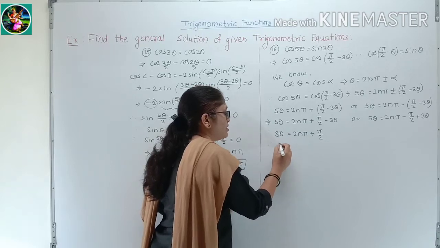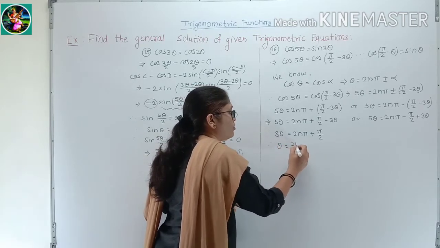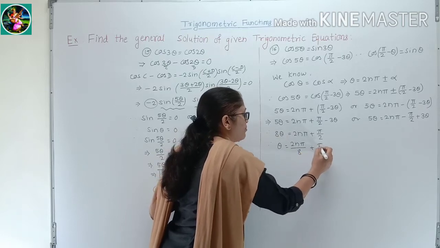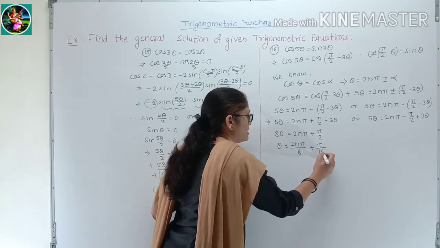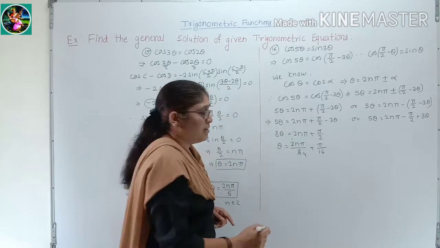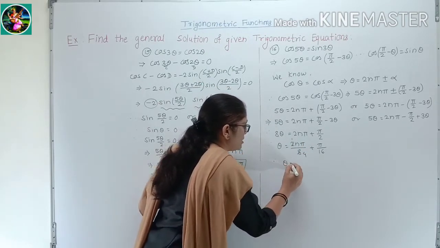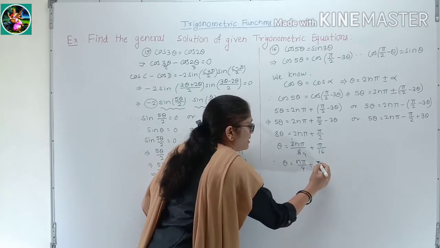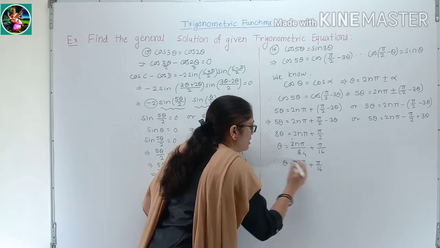Therefore, here we get theta is equal to 2n pi divided by 8 plus pi divided by 16. That 2 1s are 2, 2 4s are 8. Therefore, theta is equal to n pi by 4 plus pi upon 16.